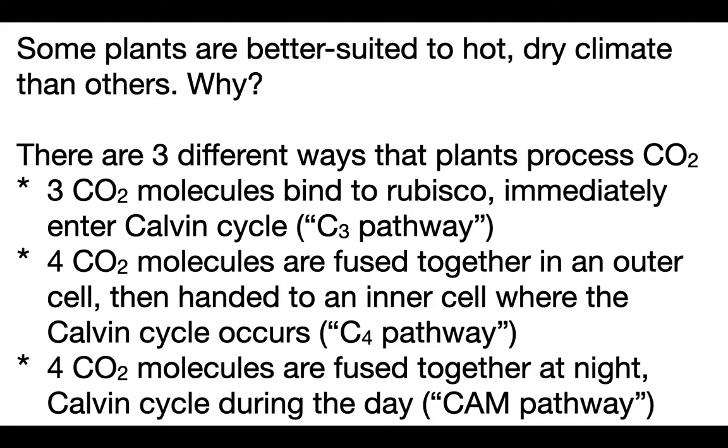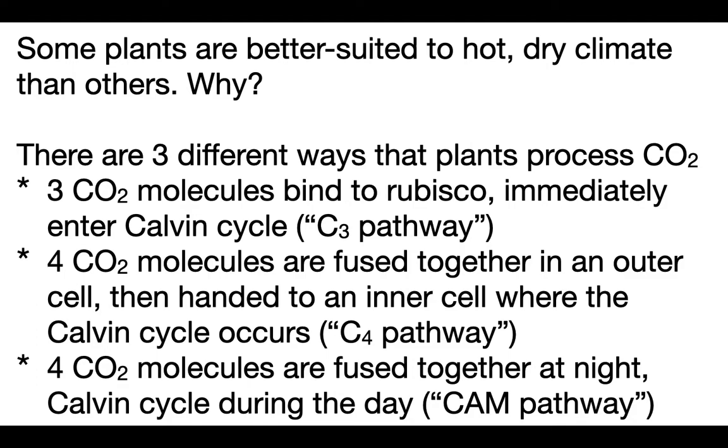Alternatively, some plants use 4 carbon dioxide molecules that get fused together into a different carboniferous molecule, and those are assembled in an outer cell that has contact with the air outside of the leaf. But then those 4 carbon molecules are handed off to an inner cell where the Calvin cycle actually occurs.